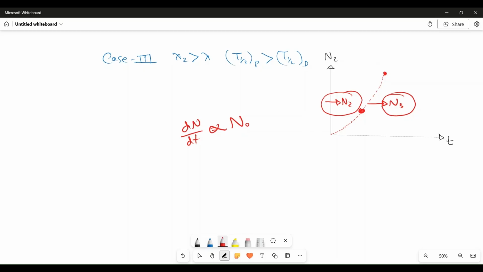At one time you have the maximum number of N here, and after this part the parent has decayed enough, and the rate of decay has slowed down.